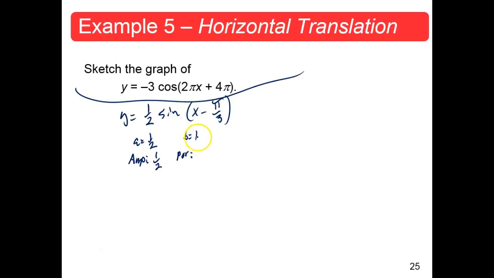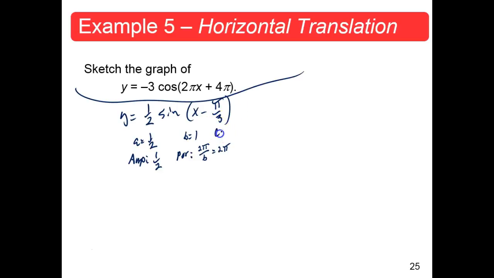The period is 2 pi over b. But your b is 1, so what's your period? 2 pi. 2 pi divided by 1 is 2 pi. So this is a regular old sine curve, period 2 pi.